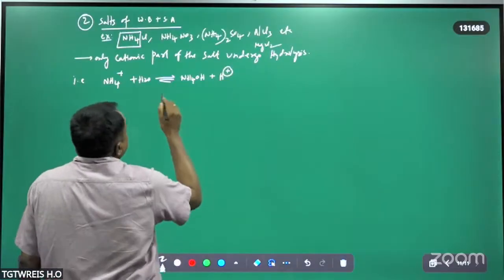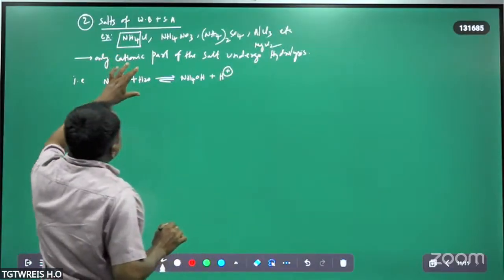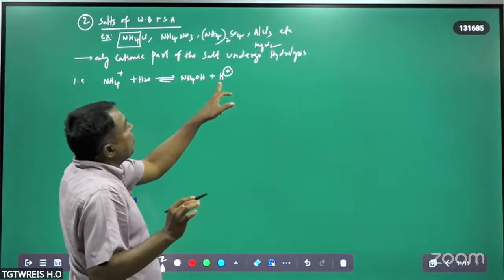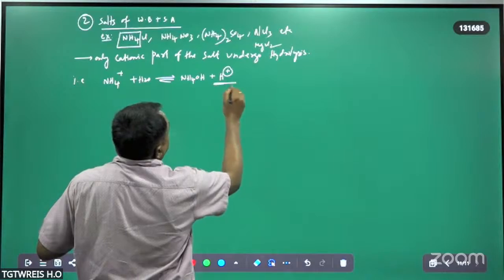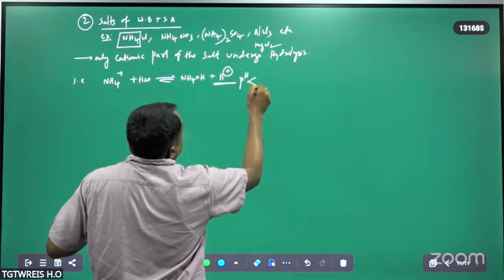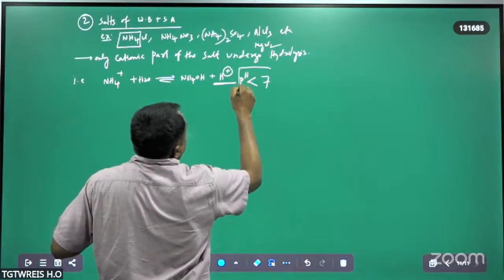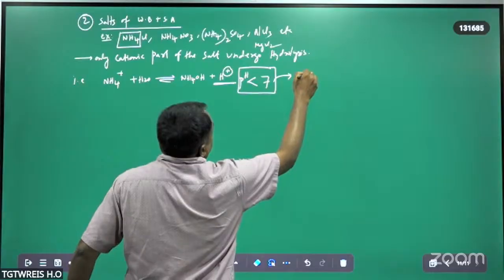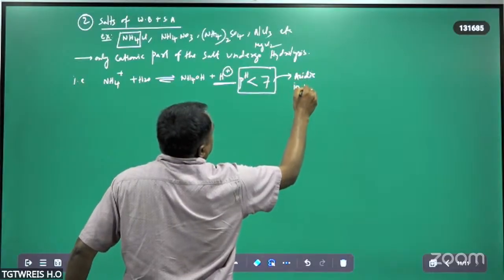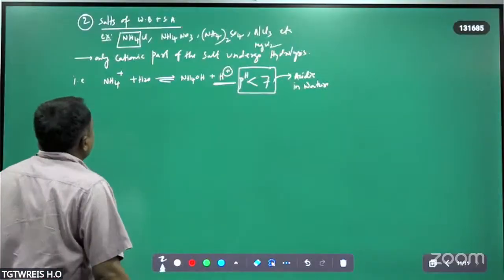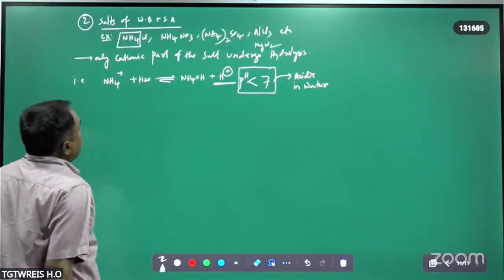So when NH4Cl dissolves in water, you get a solution with H plus ions. Therefore their pH is less than 7, because the solution is acidic in nature. So this is the cationic hydrolysis.